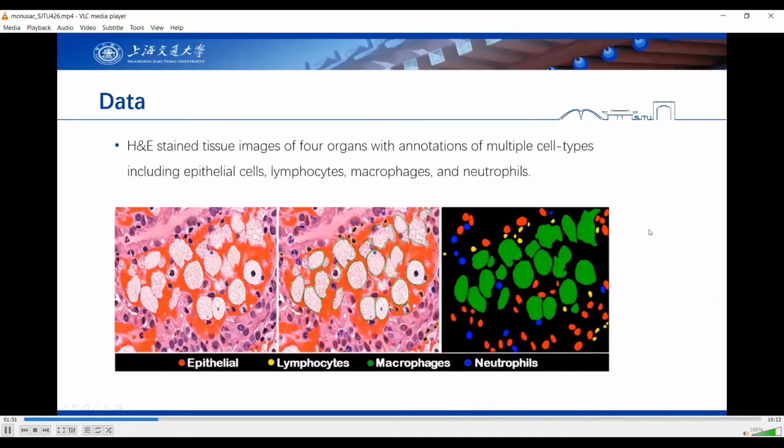The third one is masks generated from the annotations, and different types of cells are marked with different colors. We need to use the annotated dataset to develop algorithms to recognize these cell types from the tissue images of unseen patients released in the testing set of the challenge.